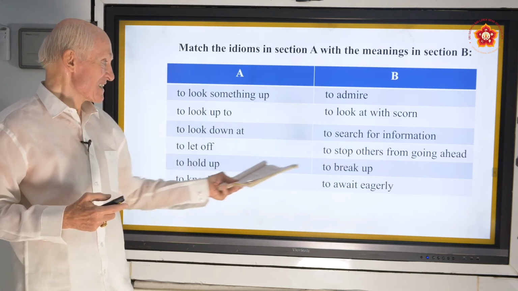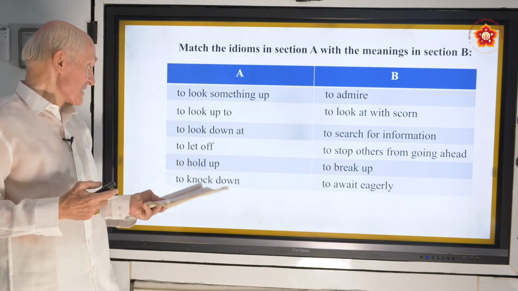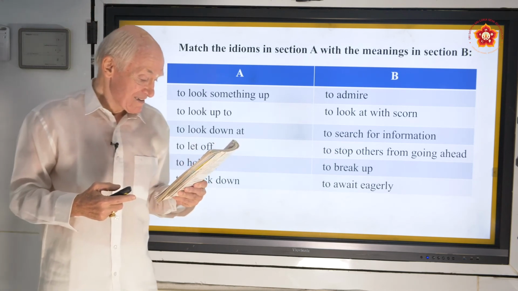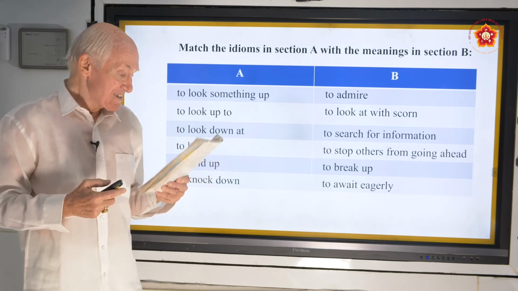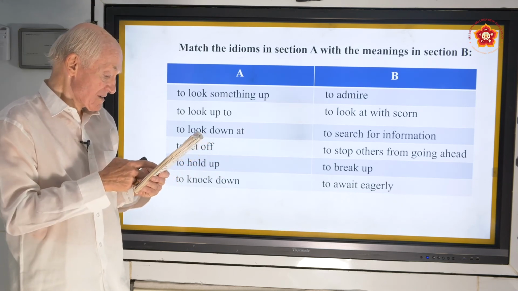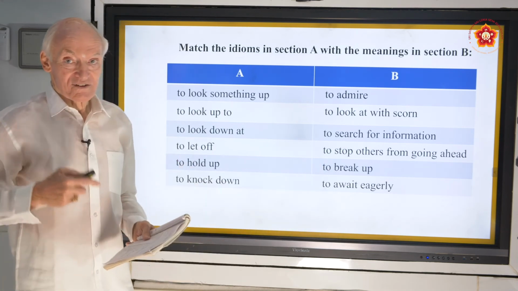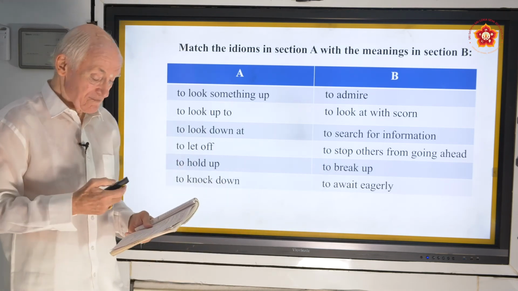To knock down is to break up. You're knocking something down, you're breaking something up.